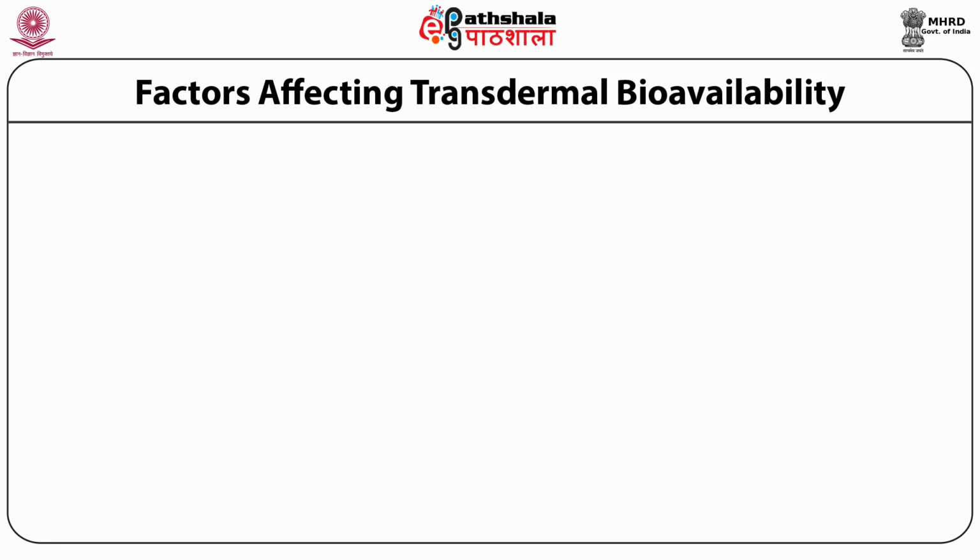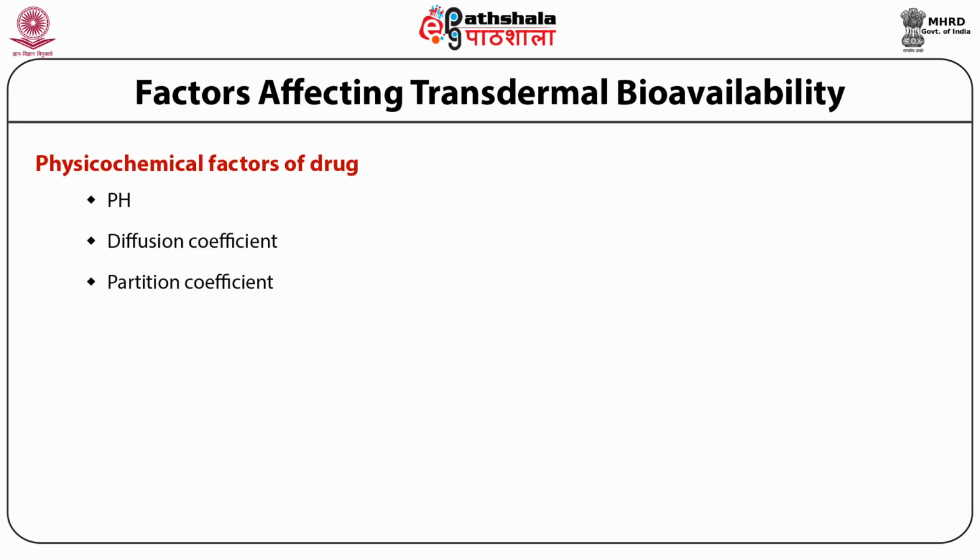The next set of factors are referred to as the physicochemical factors of the drug. The primary amongst them is the pH, diffusion coefficient, partition coefficient, drug concentration, molecular size, and shape.